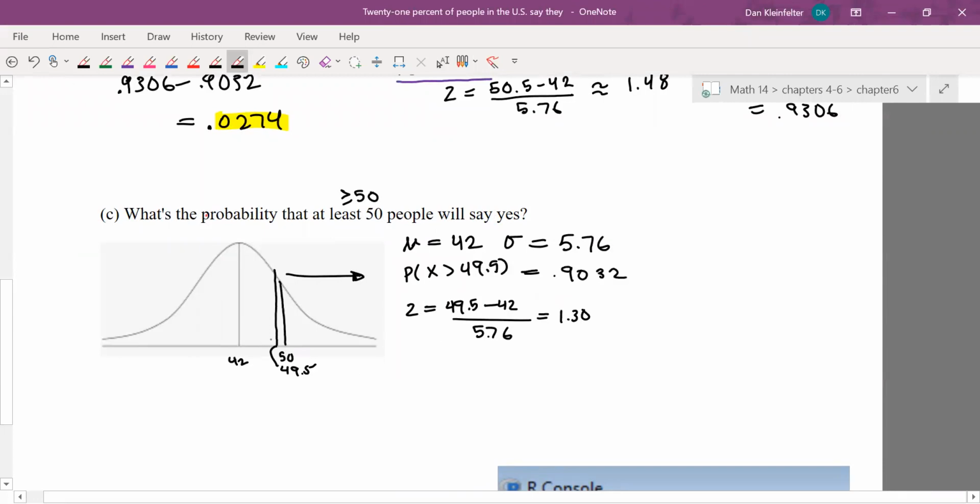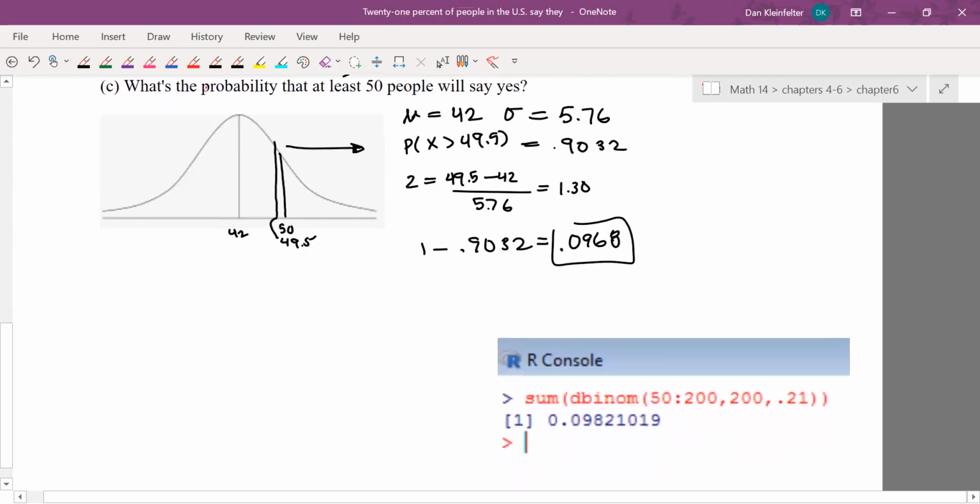That's the area to the left. We wanted the right tail though, right? And so we'll take 1 minus 0.9032, which is 0.0968. All right. So that's what the probability works out to using the normal approximation.